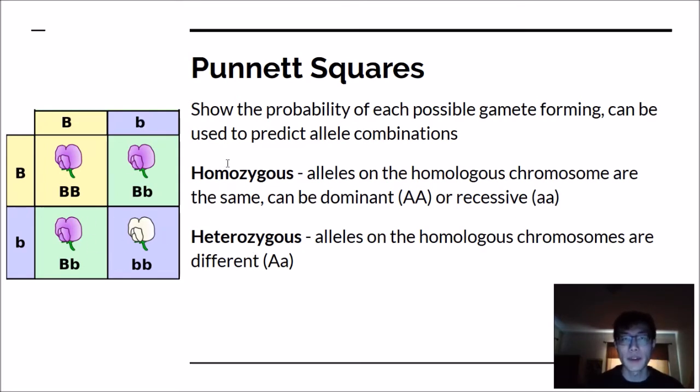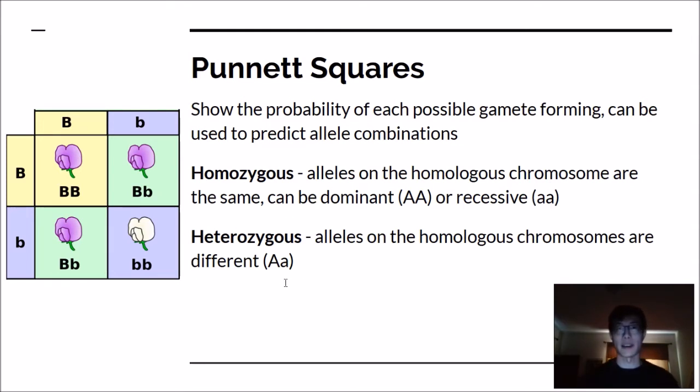When it comes to the offspring, as well as the parents themselves, there are two groups in genetic nomenclature, and these terms are homozygous and heterozygous. Homozygous means the alleles on the homologous chromosomes are the same, so they can be dominant or recessive. If you have big A, big A, or little a, little a, these are homozygous.